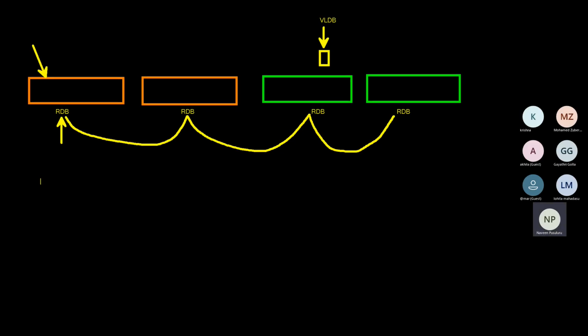Generally, in a cluster we have one master RDB, and all the remaining are secondary RDBs.